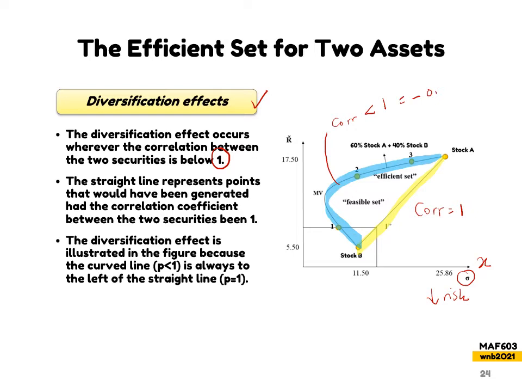If you can bring your SD to the left, it means you can reduce the risk. So here we can say that diversification reduces the risk for the investment in a portfolio.